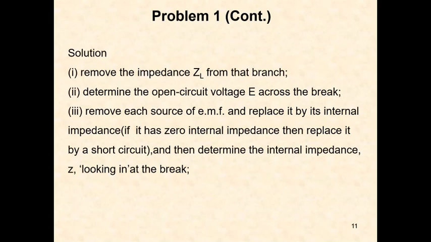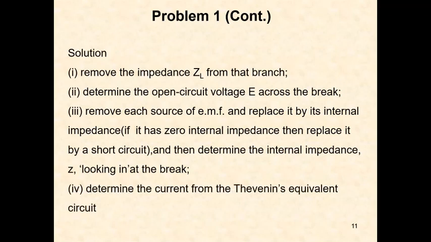That is, the zero internal impedance voltage source is replaced by a short circuit. Then determine the internal impedance Z looking in at the break. Then determine the current from Thevenin's equivalent circuit.